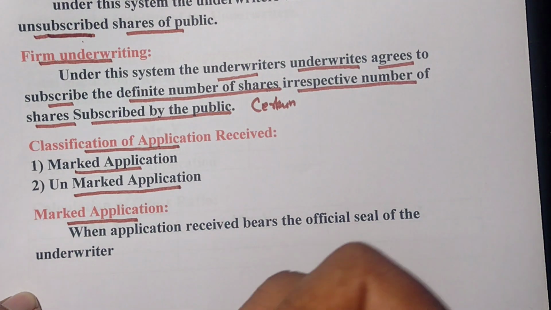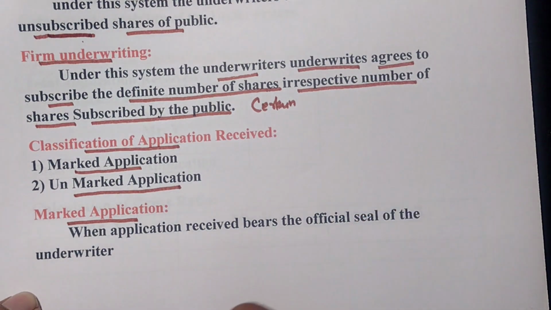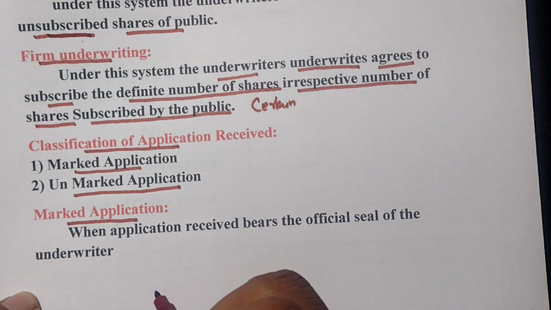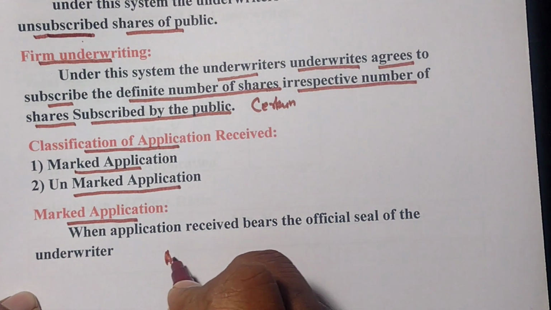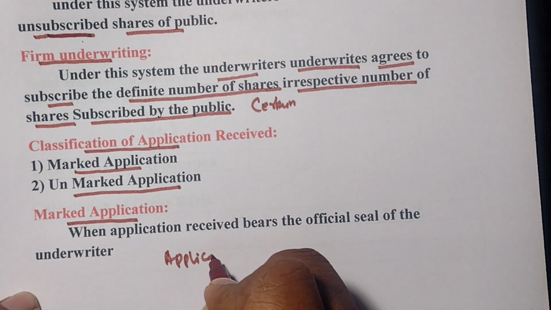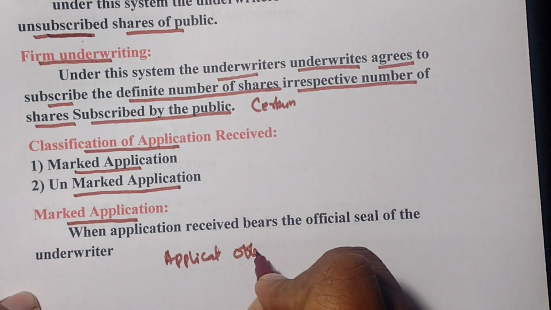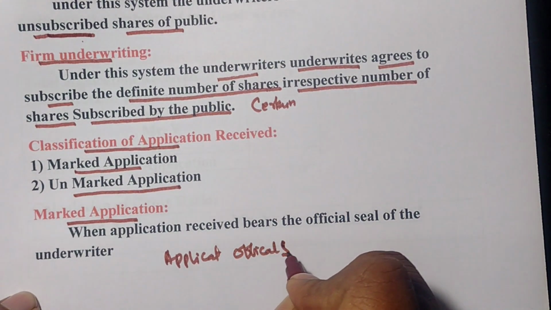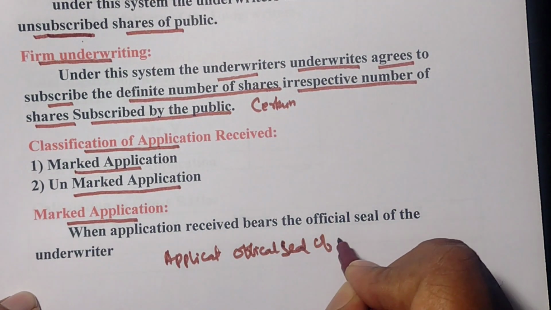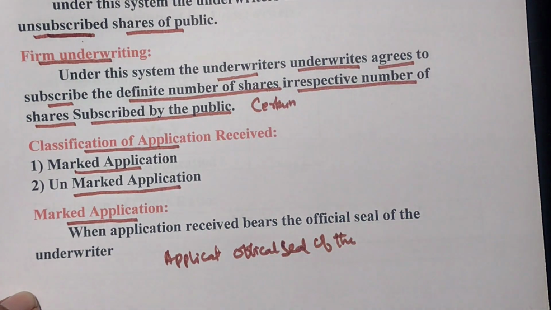We must know from which underwriter the application is received, because different underwriters are there. Therefore, every application will bear the official seal of the underwriter. So, when an application received bears the official seal of the underwriters, it is called a marked application.